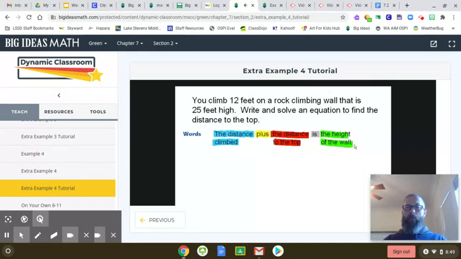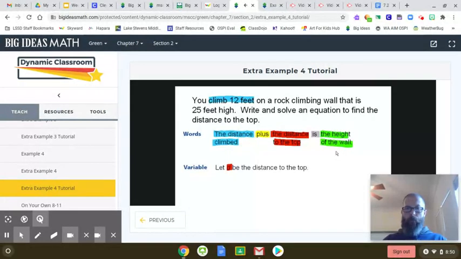Now let's match the information in the problem with the word sentence. First, let's find the distance climbed. In the word problem, it says that you climbed 12 feet. Now let's find the distance to the top. This information is not given in the problem, so this will be our variable. Let's let D be the distance to the top. Now let's find the height of the wall.